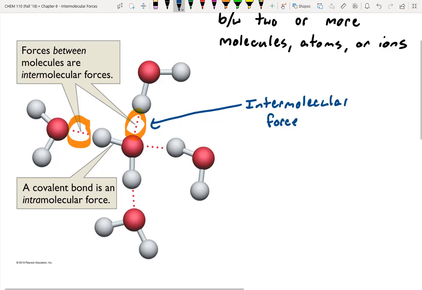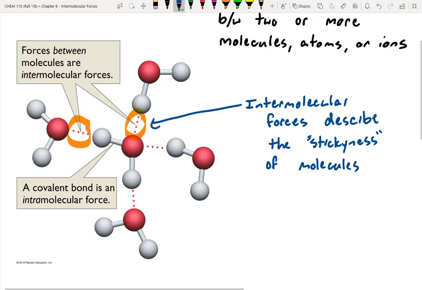So intermolecular forces describe the stickiness of molecules. So basically it describes how well one water molecule sticks to another.